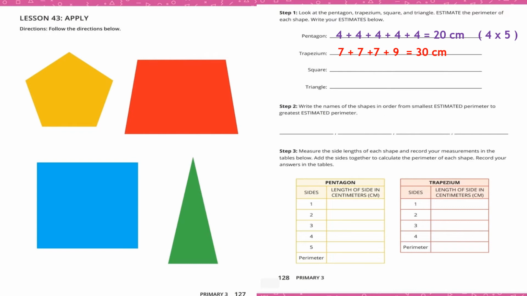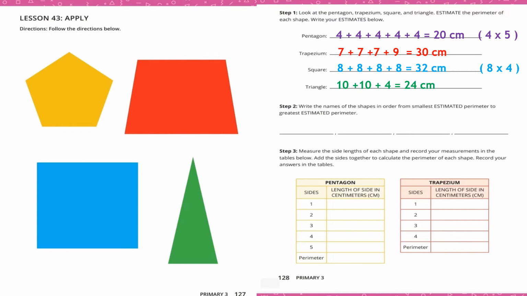These are estimated length, so you can put any number. I just suggest you to write these numbers. The square will be 8 plus 8 plus 8 plus 8, 32. Triangle will be 10 and 10, and we have smaller side here, maybe 4, so 24 centimeters.